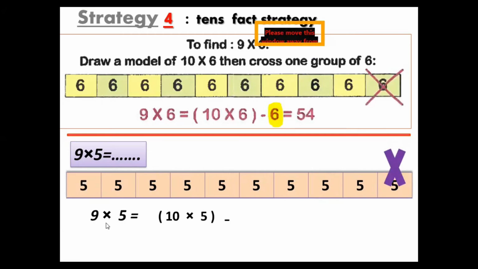So 9 by 5 can be written as 10 by 5, then we cancel 5 from the product. I know 10 by 5 is equal to 50, and then we take 5 from 50 to get 45. So 9 by 5 equals 45.